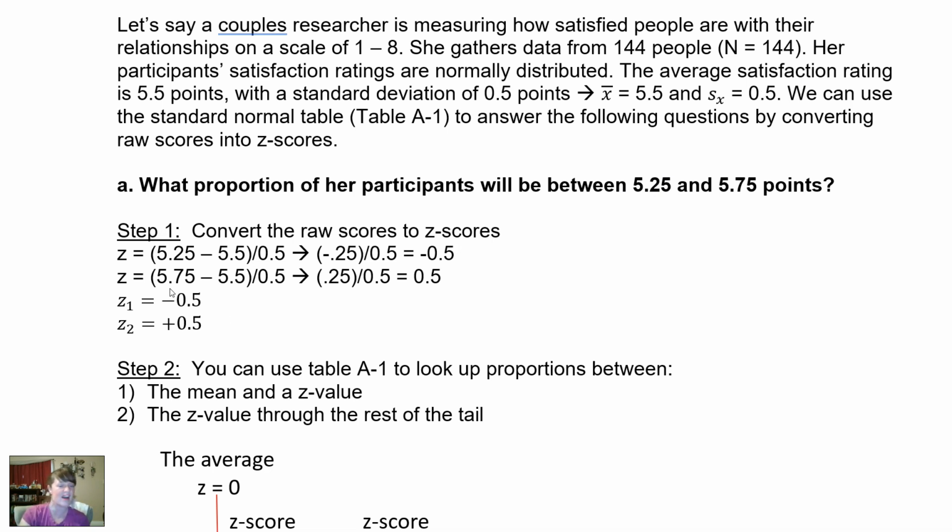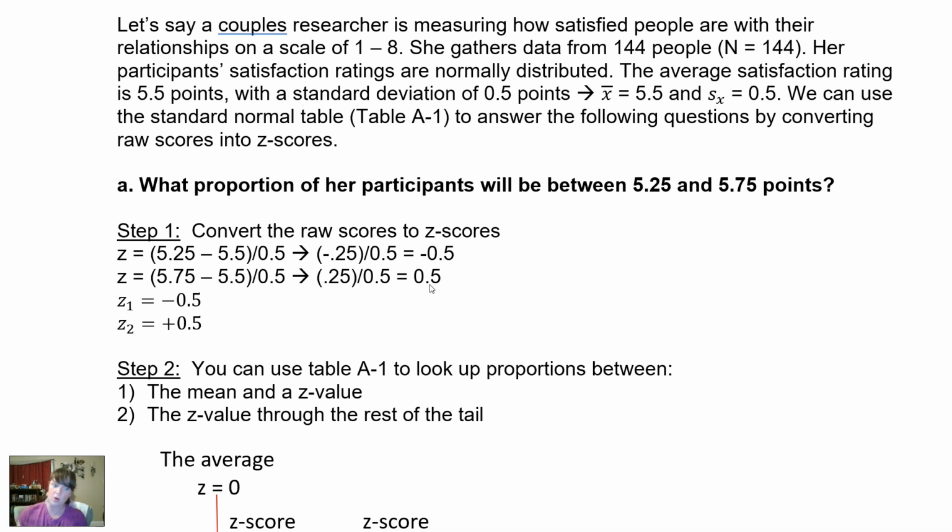And it's the same thing with 5.75. Take 5.75, subtract the average, and then divide by the standard deviation. That will give us a positive 0.5 Z-score. This person with a score of 5.75 would be 1/2 of a standard deviation above average.